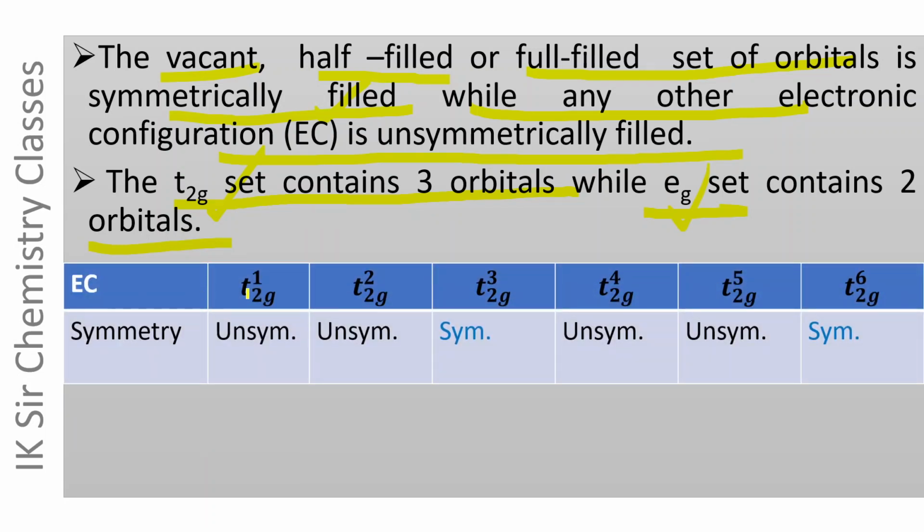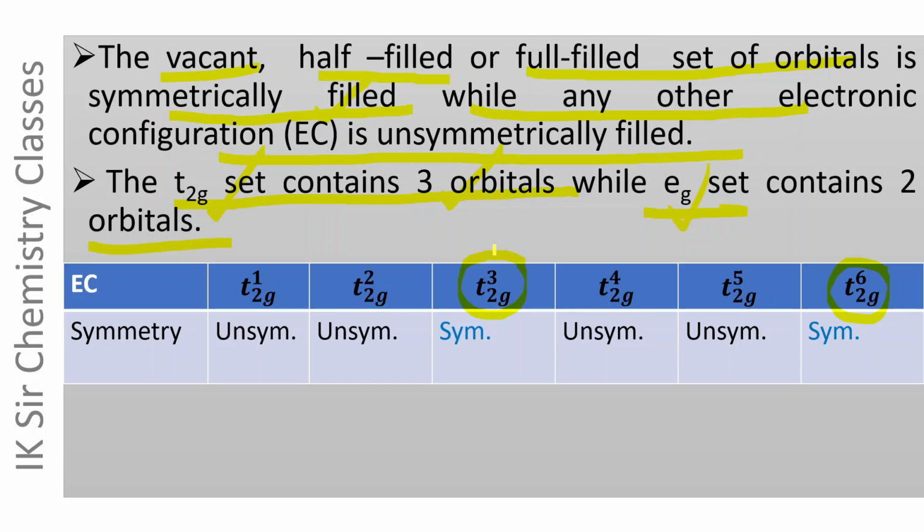These are various electronic configurations in t2g set of orbitals. There are 3 orbitals in t2g set. t2g3 is half-filled, while t2g6 is full-filled. Maximum 2 electrons with opposite spins can be accommodated in an orbital.